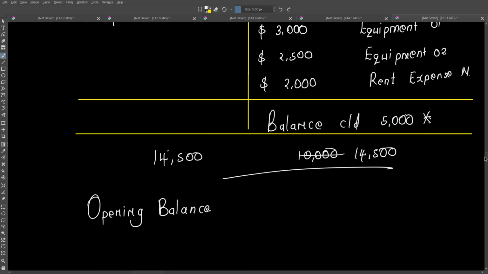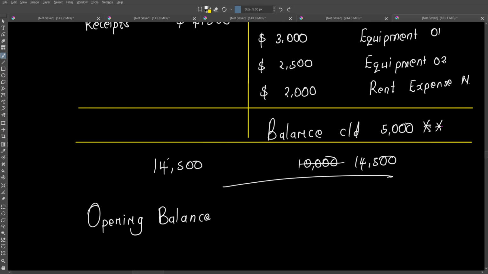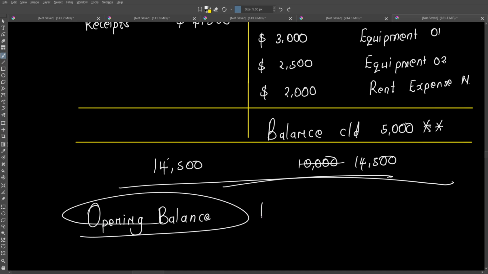So this is what we use to balance the account as at that particular point in time, and then we take that as the opening balance on the debit side. That is basically what we refer to as the ledger accounts.